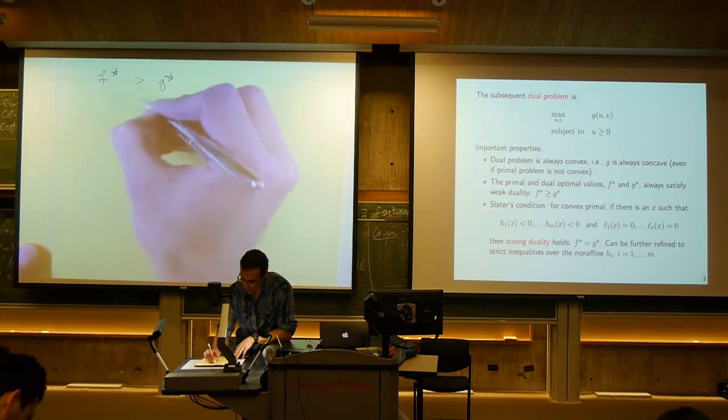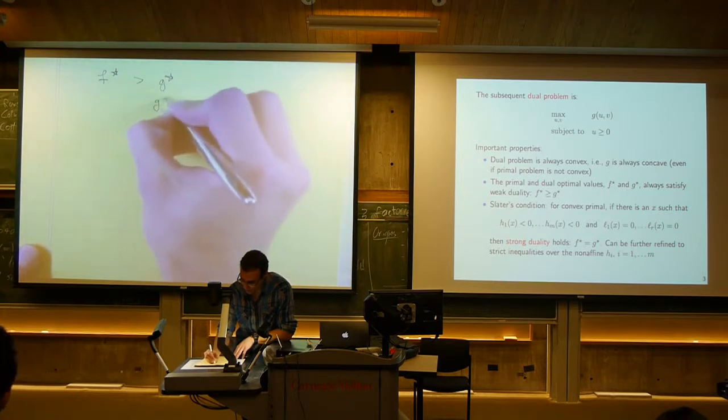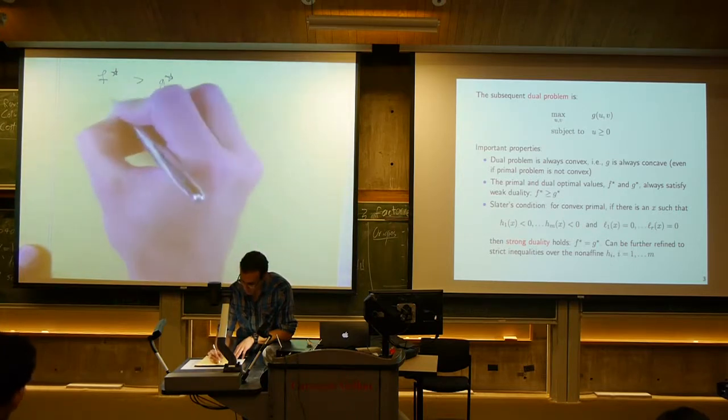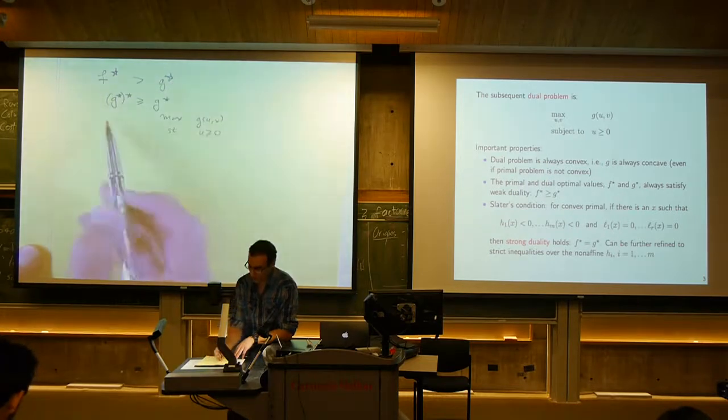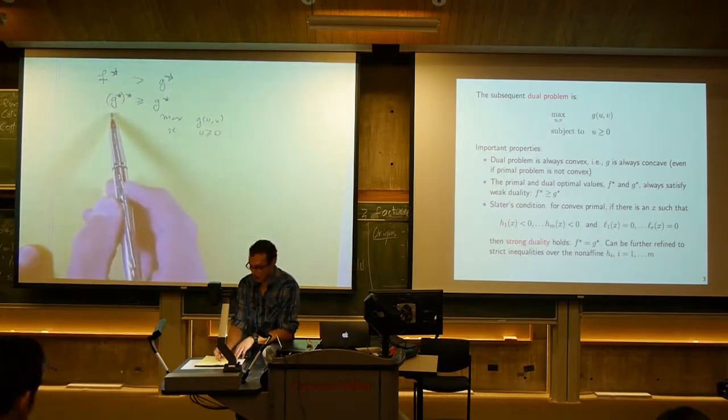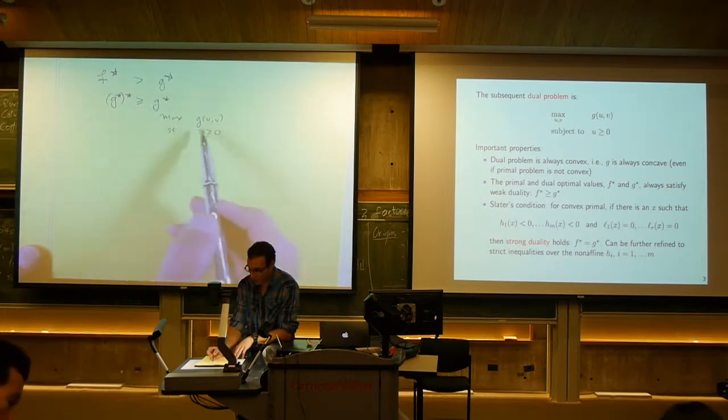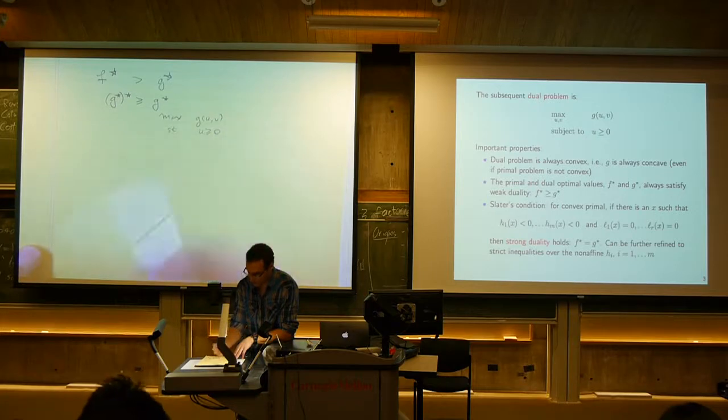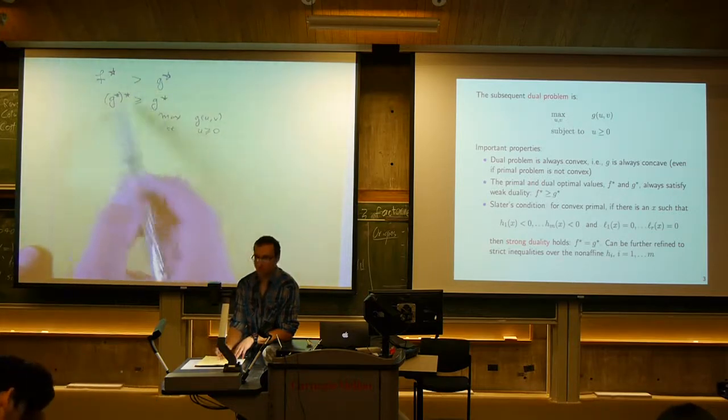We do have this relationship. I'm using this to mean the optimal criterion value of the dual problem of the dual. Maybe it's not great notation, but it's not really clear where this is going to lie.